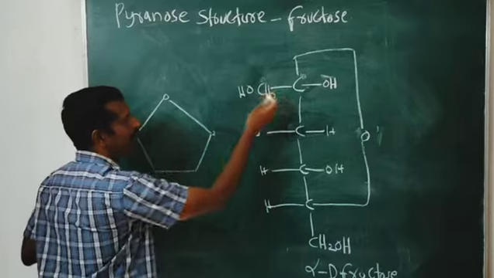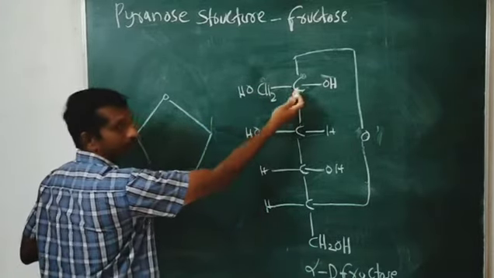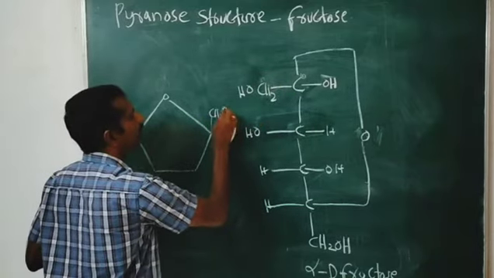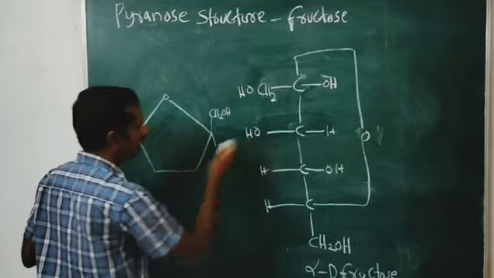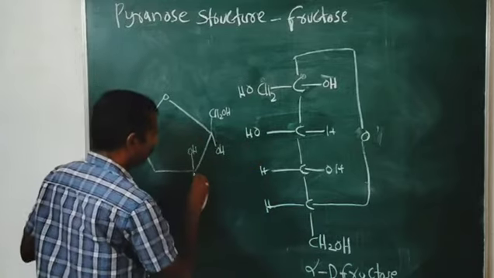In the second carbon, there is one CH2OH. So the CH2OH group is on the left hand side, so it will come up. As in the case here it is OH, and the next carbon, here the OH is on this side, that means OH is up, H down.